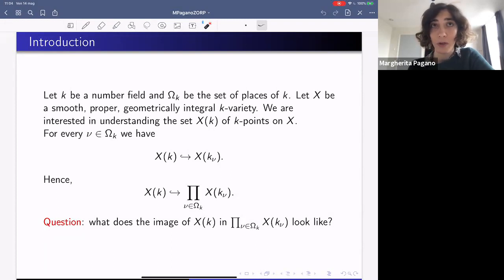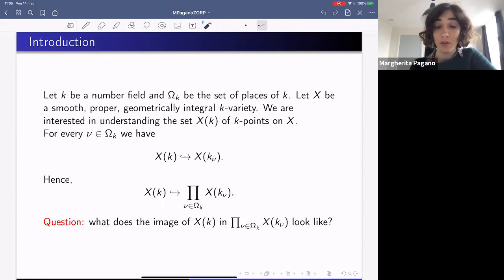So we can naturally see this set of points inside K_nu^n and put a subset topology on it. One can generalize this to the whole set of K_nu-points of X, even in the case where X is not globally a zero set of polynomial equations, but just locally. Okay, so the question we are interested in is the following.